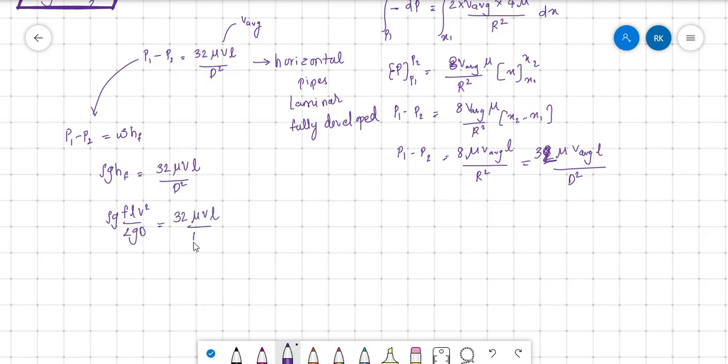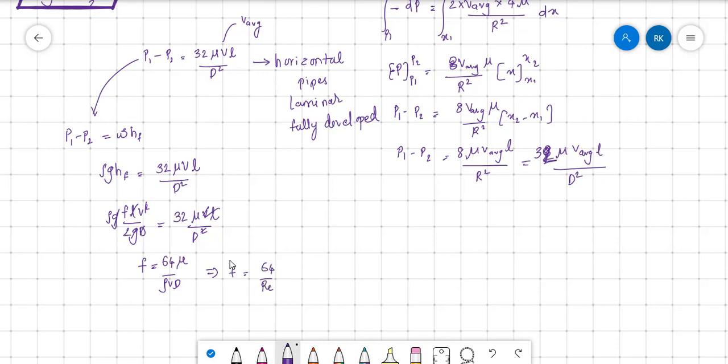Now D and one V gets cancelled, L and G. So finally F is equal to 64 mu by rho VD. That will be F is equal to 64 by Reynolds number.